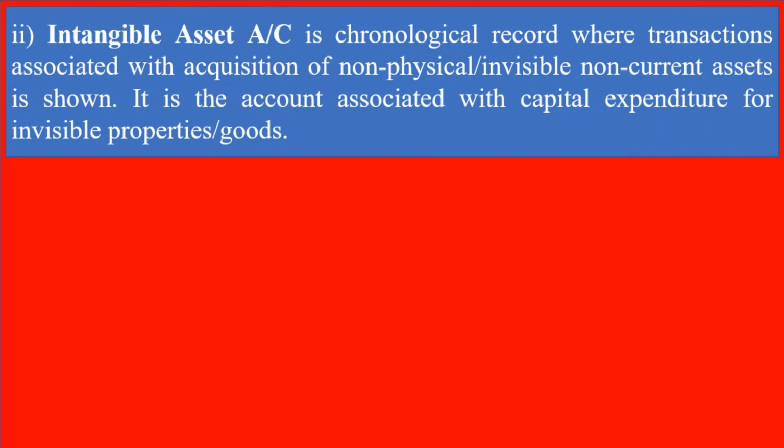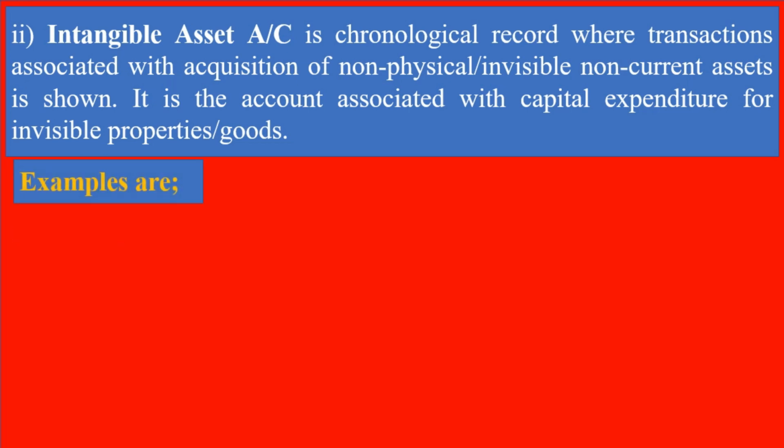Now let's go to the next case, Roman 2, the intangible asset account. An intangible asset account is a chronological record where transactions associated with acquisition of non-physical, that is invisible, non-current assets are recorded. It is the account associated with the capital expenditure for invisible properties or goods.